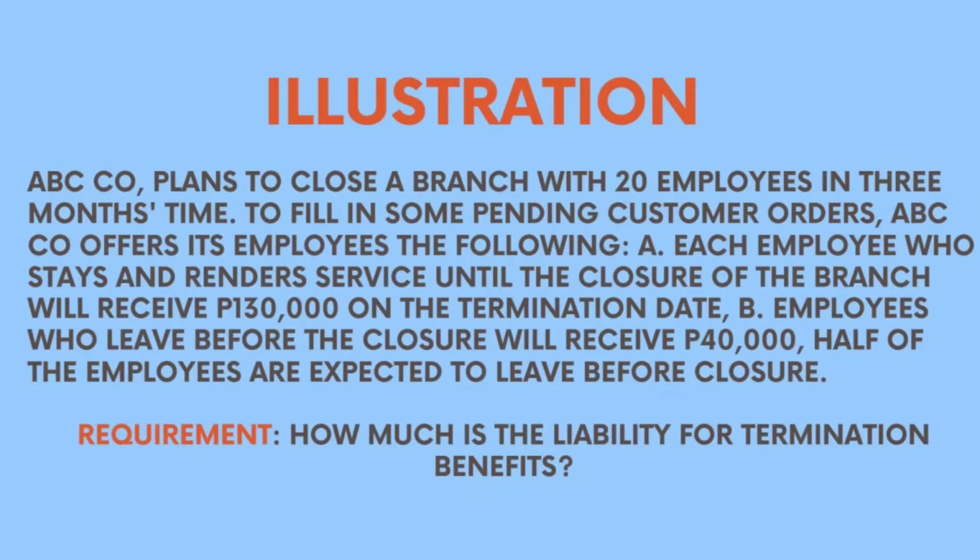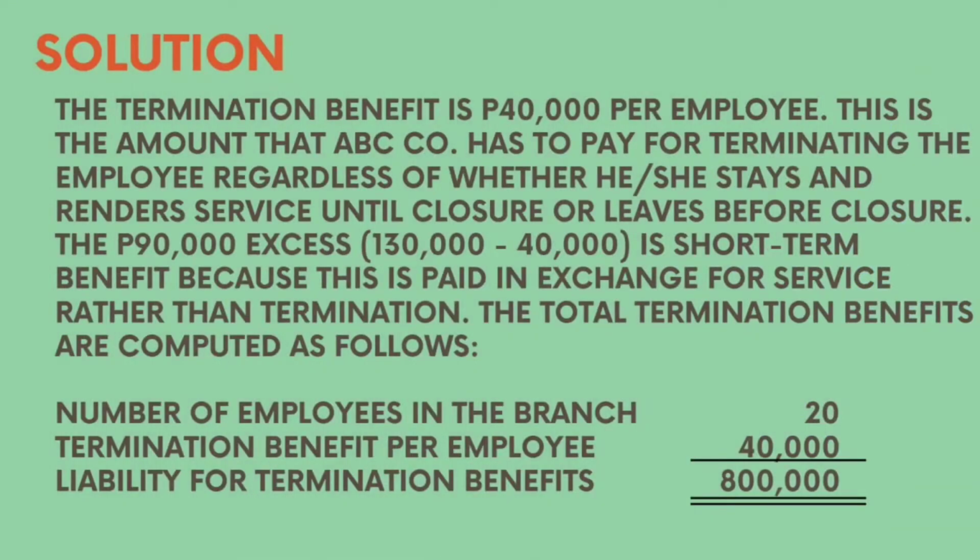So here's the solution. The termination benefit is 40,000 per employee. This is the amount that ABC Company has to pay for terminating the employee, regardless of whether he or she stays and renders service until closure or leaves before closure. The 90,000 excess is a short-term benefit because this is paid in exchange for service rather than termination.